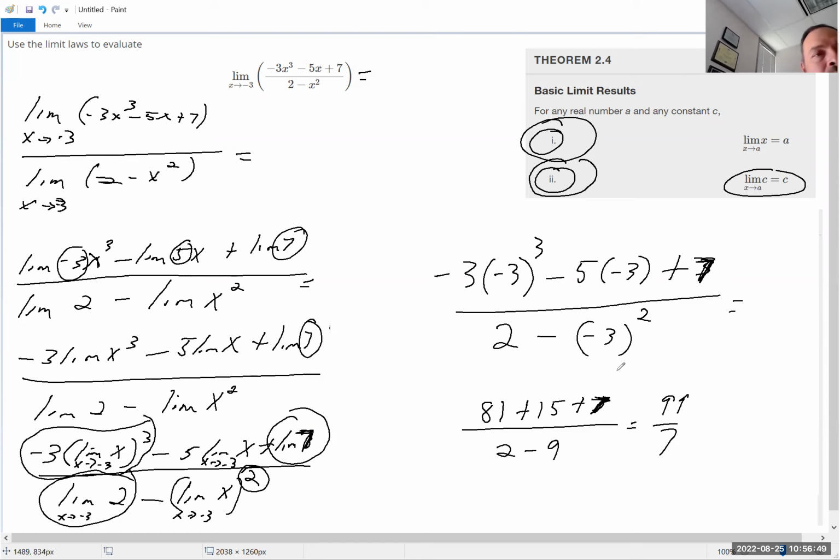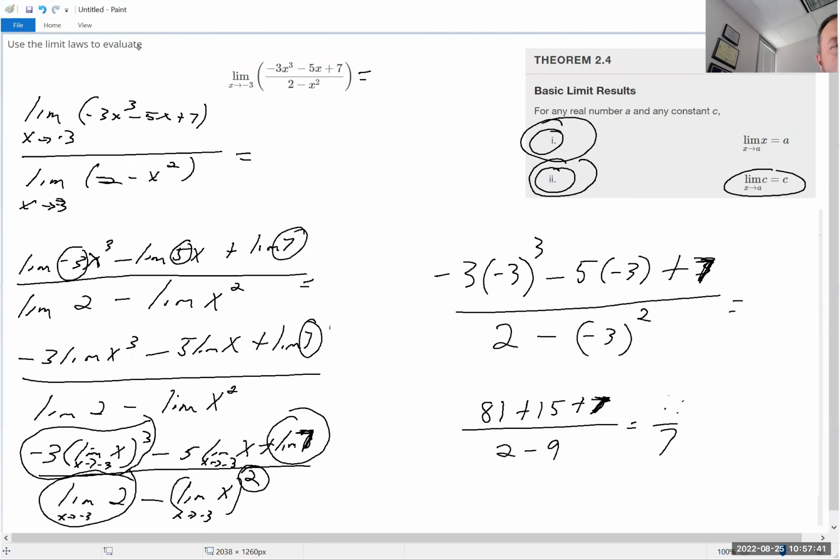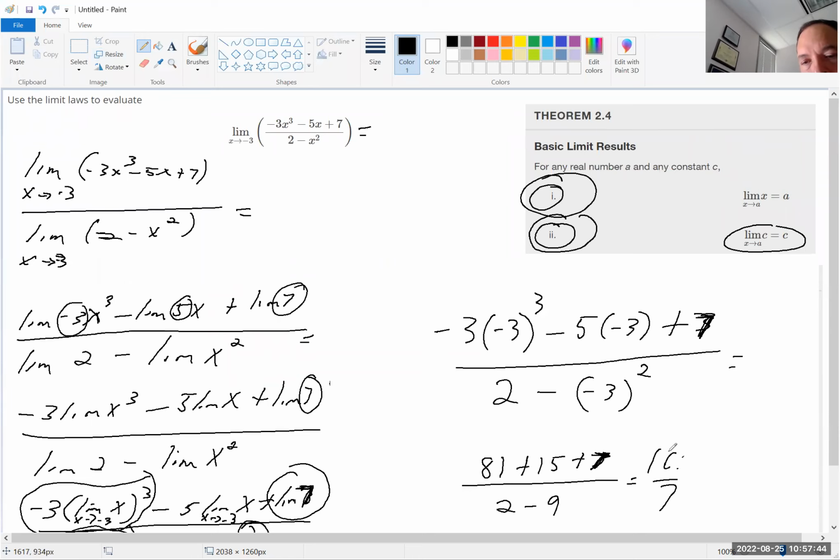And so that is 103, and this is a -7. So we could put the minus in the front. And that's how you do this kind of problem.